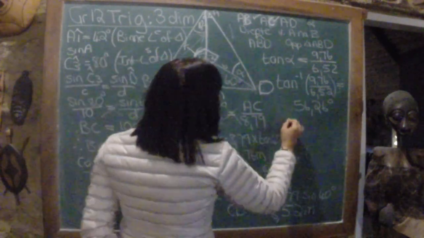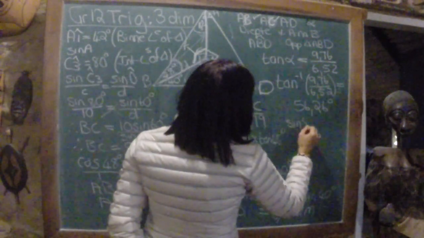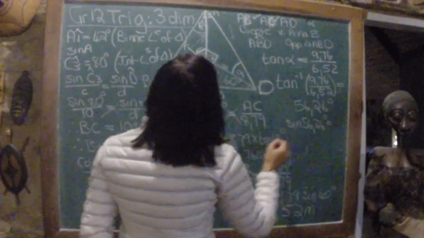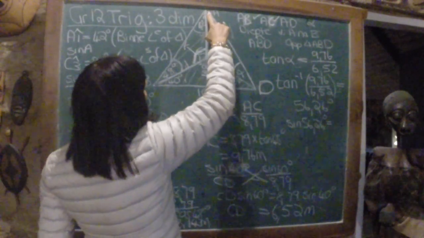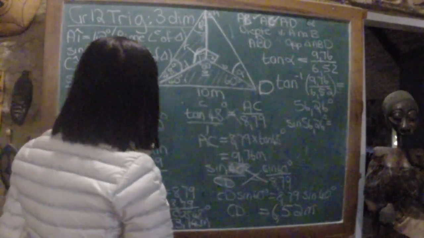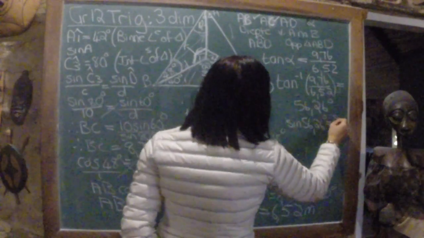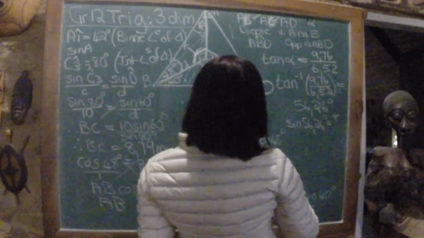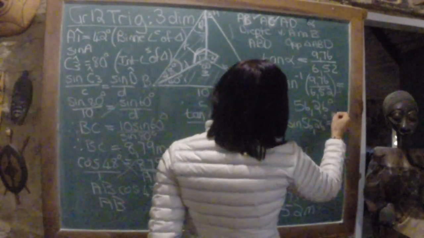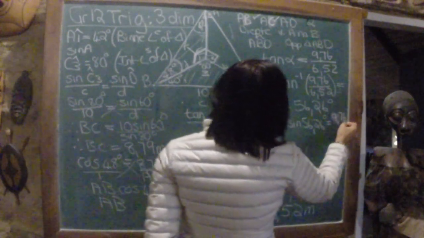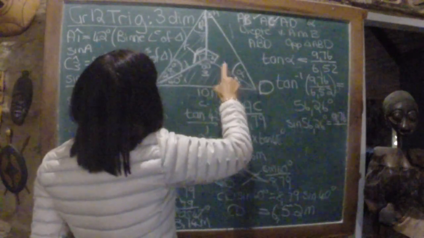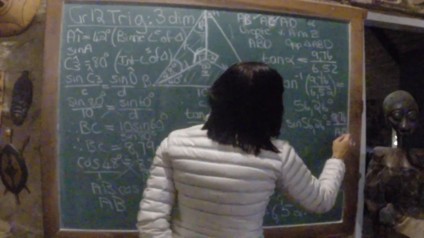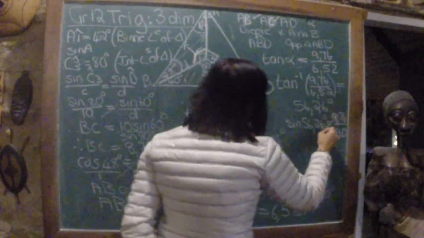en dan kan jy vir AD gaan bereken deur te sê die sin van 56,26, want dit is 'n 90 grade driehoek, is gelyk aan AC wat ons bereken het as 9,76 on the hypotenuse AD. Dan kan ons weer kruisvermenigvuldiging toepas.